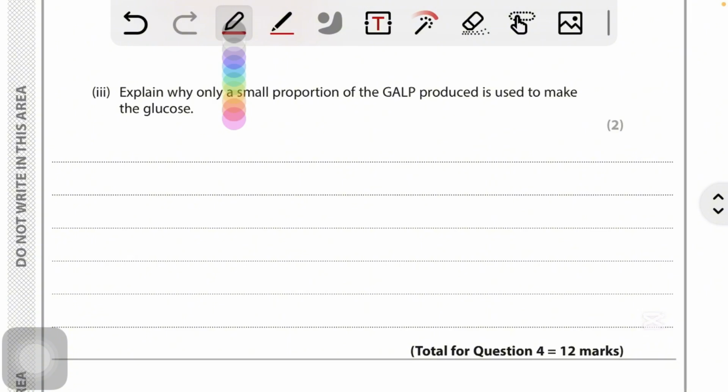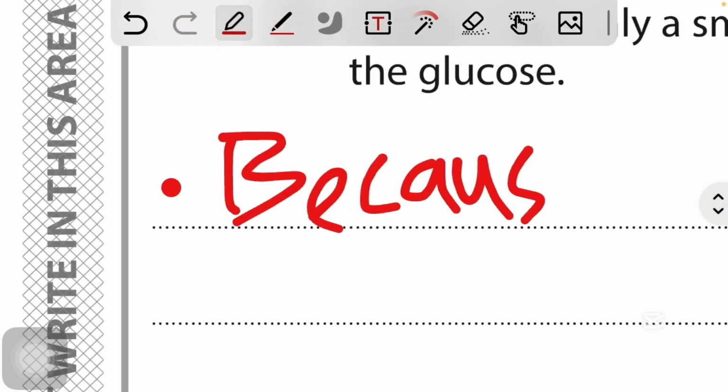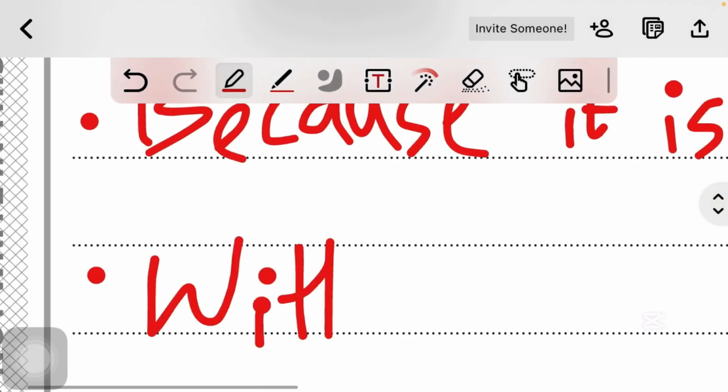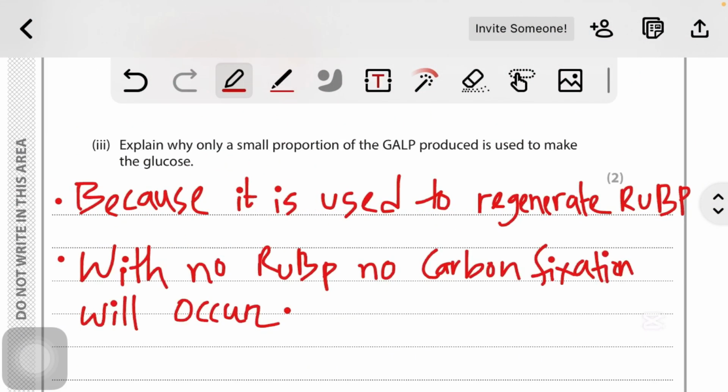The cell would otherwise run out of RuBP, and with no RuBP, no carbon fixation, and the Calvin cycle will not work. So to continue the cycle, only a small portion of GALP produced is used to make glucose. Now let's see the answer: because it is used to regenerate RuBP, and with no RuBP, no carbon fixation will occur.